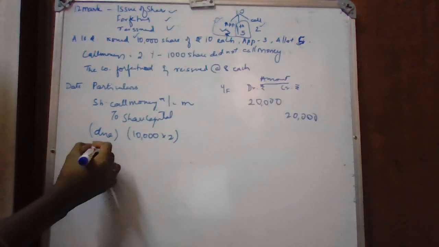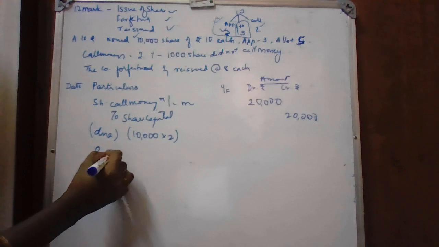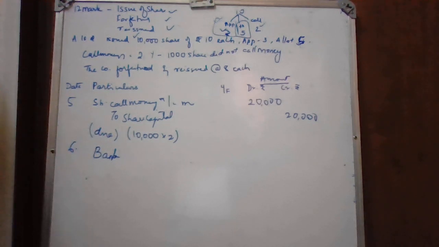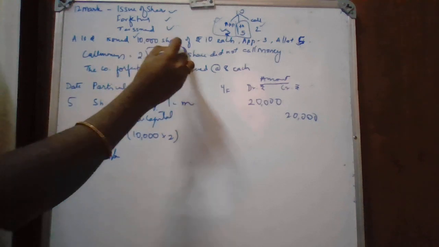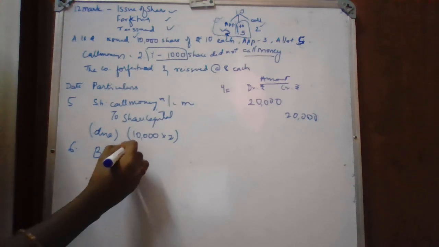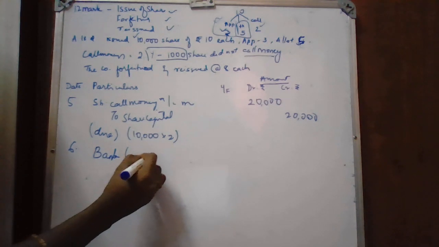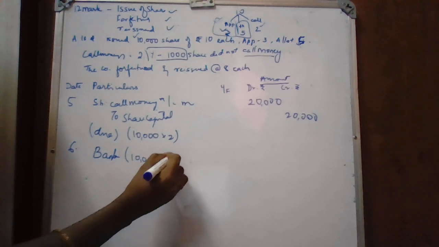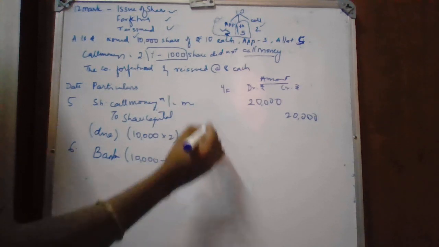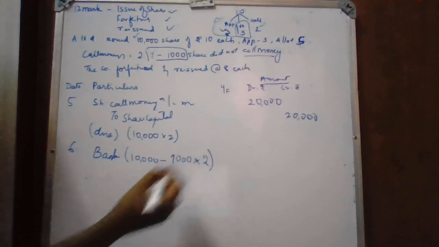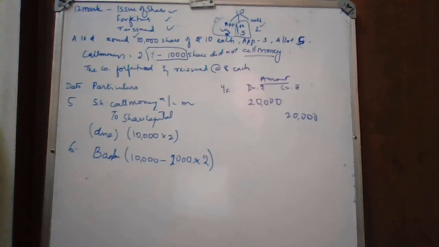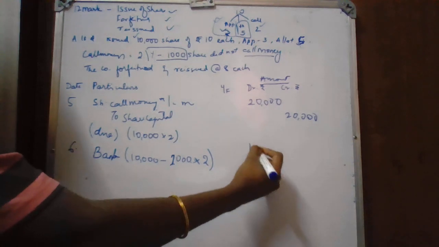Next, you're receiving. This is the sixth journal entry. When you're receiving, Mr. Y did not pay call money. So bank account 10,000 minus 1,000 into call money rupees 2. So 9,000 into 2 is 18,000.